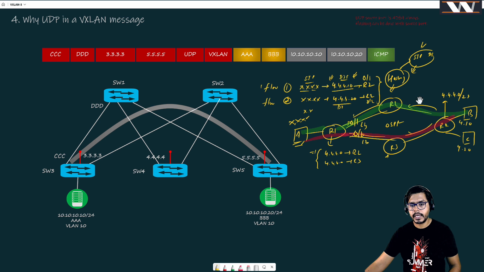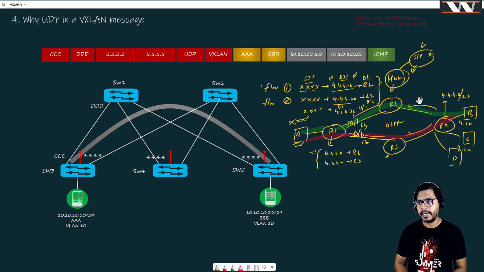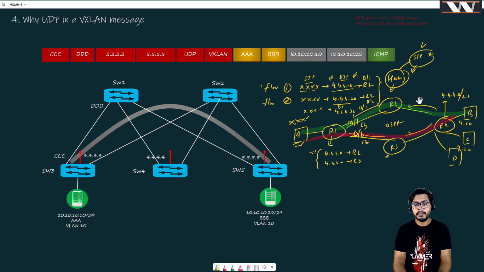If this x.x.x.x wants to communicate to 4.4.4.30, maybe another host D here, it might again choose 0/1. Very, very interesting, right? This process is actually hashing. On the basis of hashing, you decide whether you want to go to 0/1 or 0/2, because both interfaces are up, right?